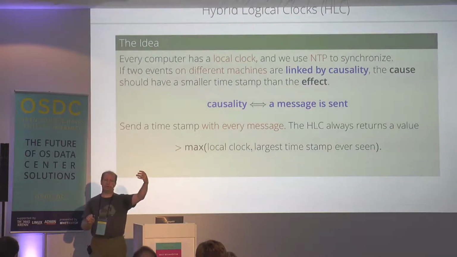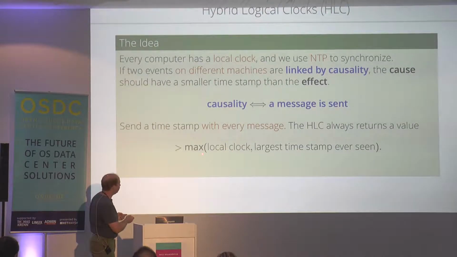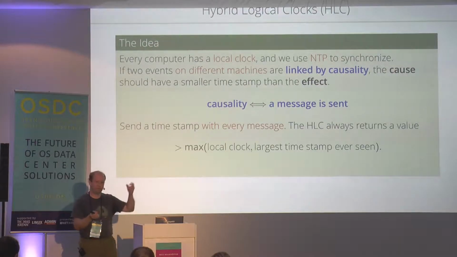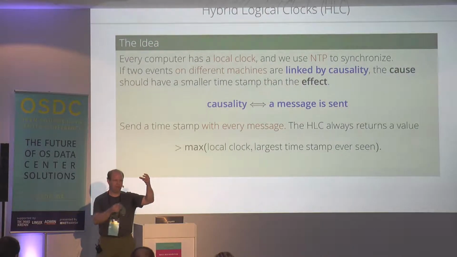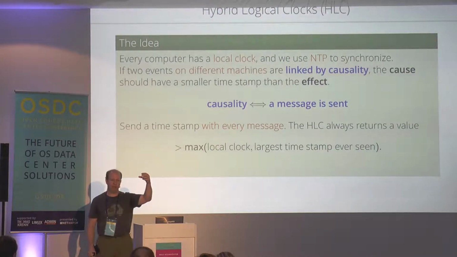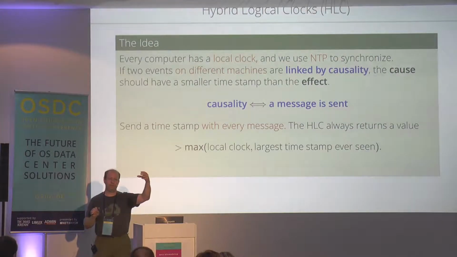The clock on this second system might be late, but since we take the maximum of the local clock and the largest timestamp we have ever seen, we have in particular seen a timestamp which is higher than the timestamp of the event on A. Therefore, the timestamp we take for the second event is larger, and causality is preserved.